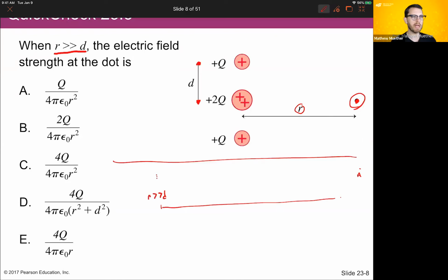So if I imagine walking 10 miles back away from this slide and I look in this direction, there would barely be any distance separating those three different charges. They would essentially look like they were stacked up in one single position.